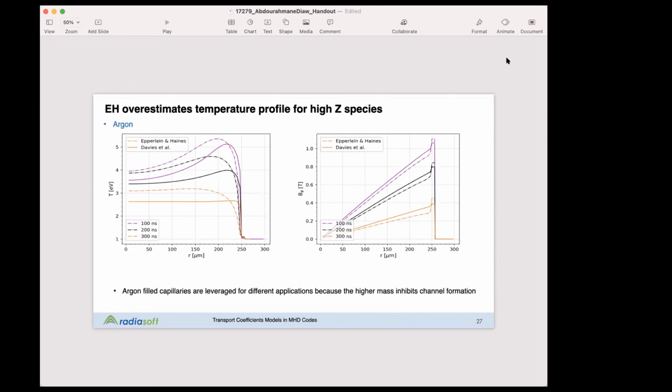I can maybe jump in on this too. I think that the Davies et al. anisotropic models should make it, at least for the resistivities, into the next FLASH release. I don't think there are any plans to implement the additional components of the Epperlein and Haines model, which we implemented for this study. But I do think that the Davies et al. models for the resistivity, at the very least, will be in the next FLASH release.